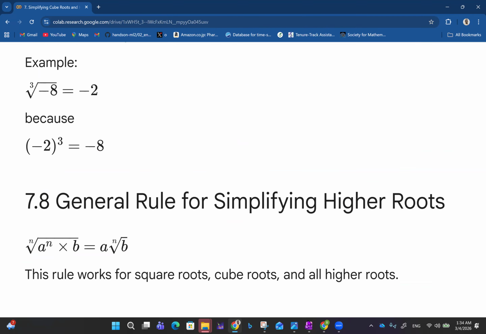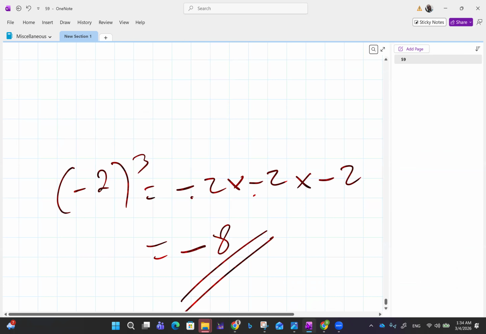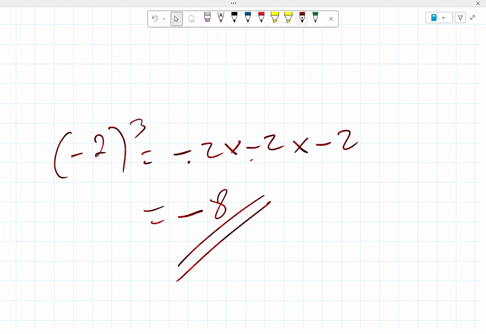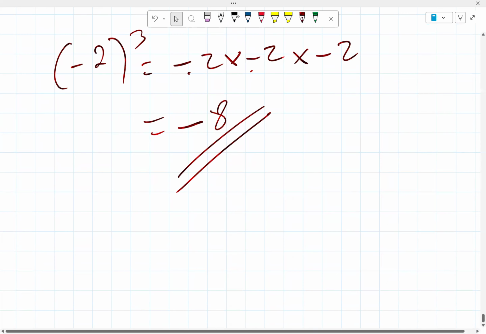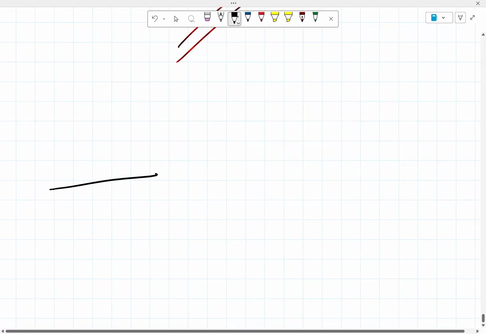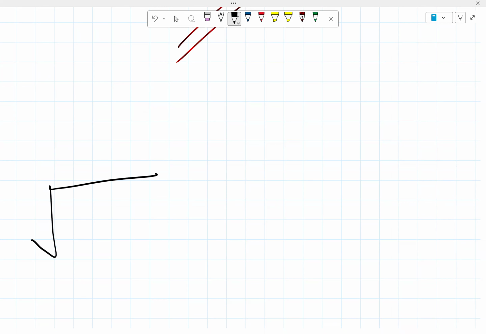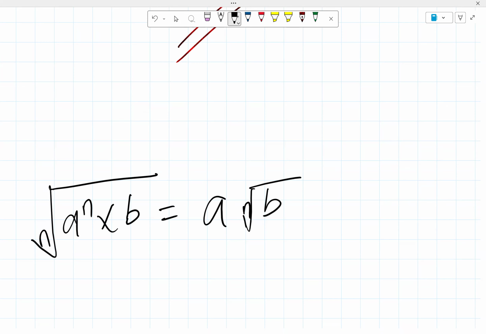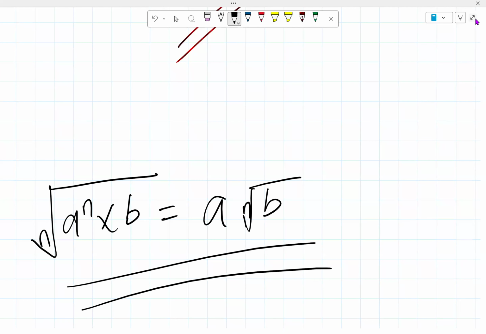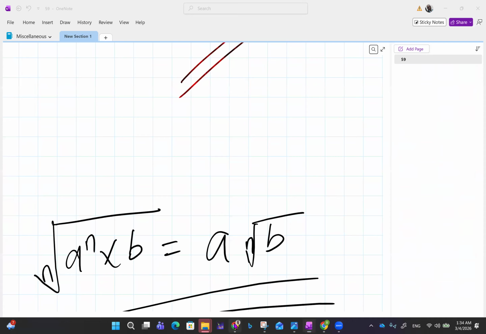So generally, the nth root of a raised to power n multiplied by b is simply a multiplied by the nth root of b. That works for any kind of root you might be considering.